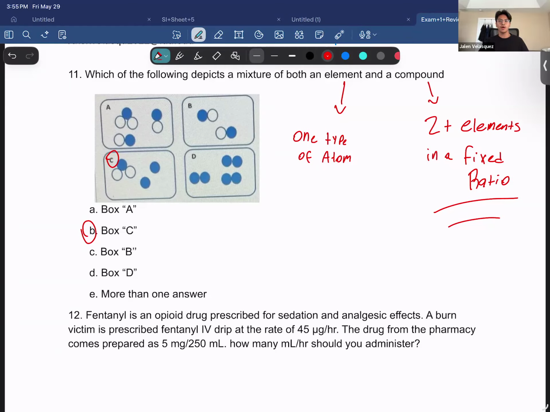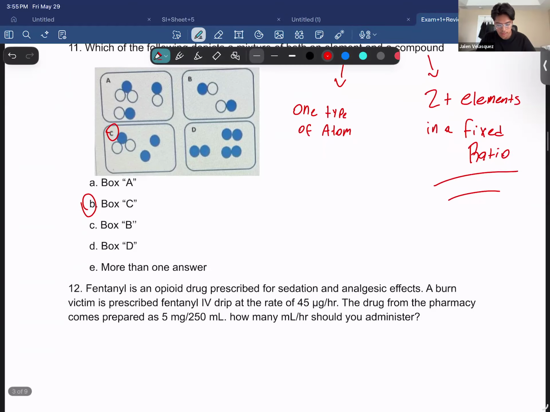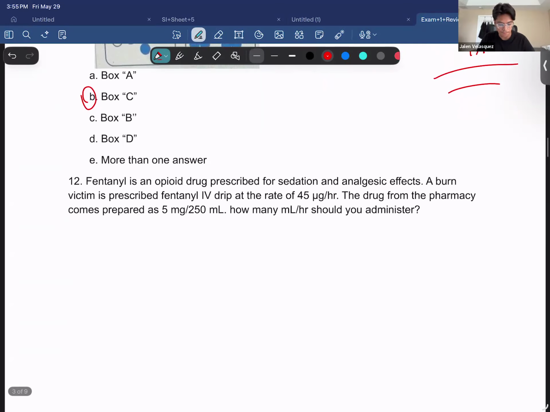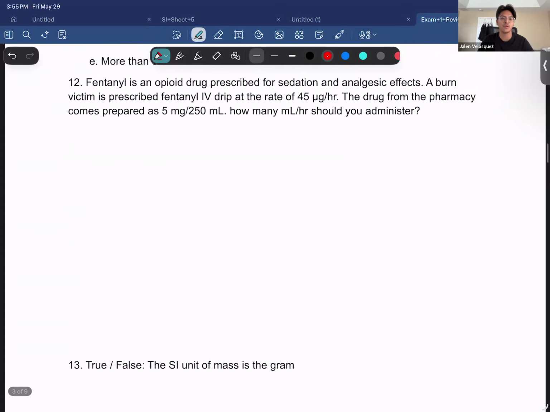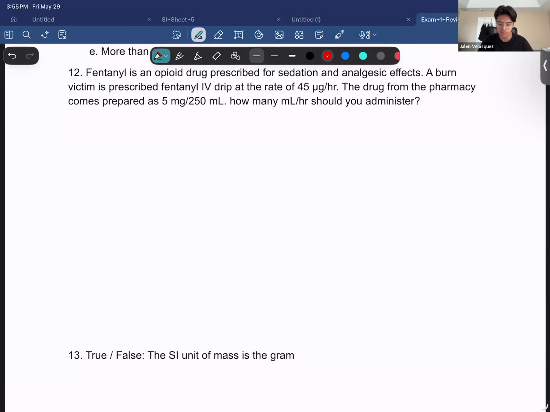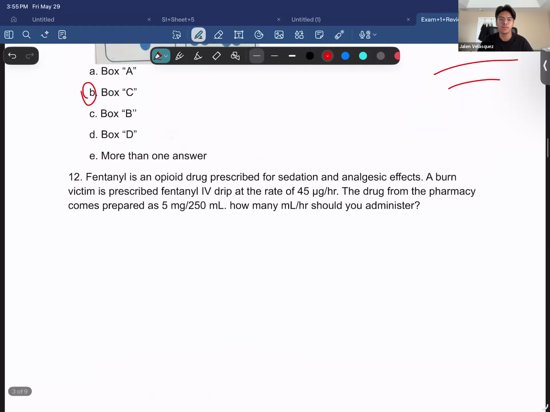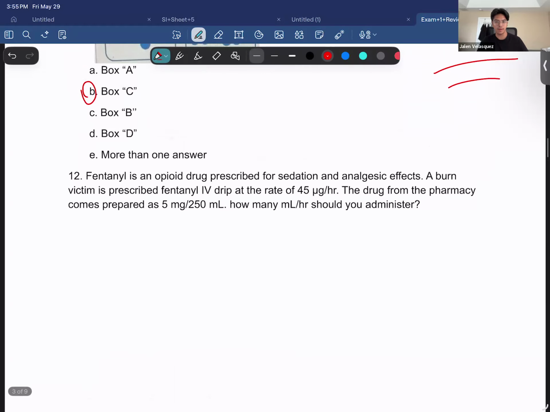All right, so let's get into a little bit of math here. We're still on the chapter one material, and now we're getting into dimensional analysis. Dimensional analysis is super important because, like I was saying earlier, in chemistry the units are just so important.